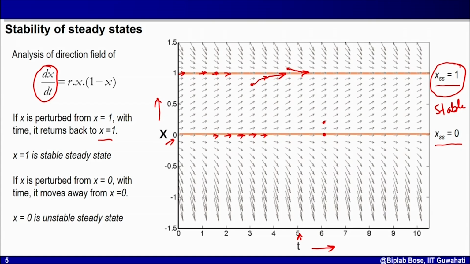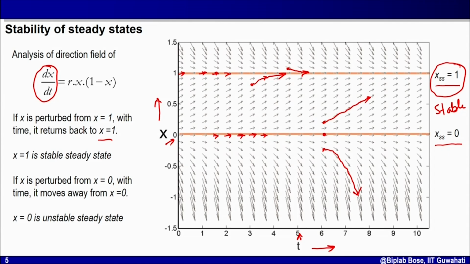Now if I leave x to evolve with time, x will follow these arrows and move away from x equal to 0. Suppose I take a value slightly below the original value of x equal to 0. Now if I leave it and allow x to change with time, following this direction field, x will move in this direction.